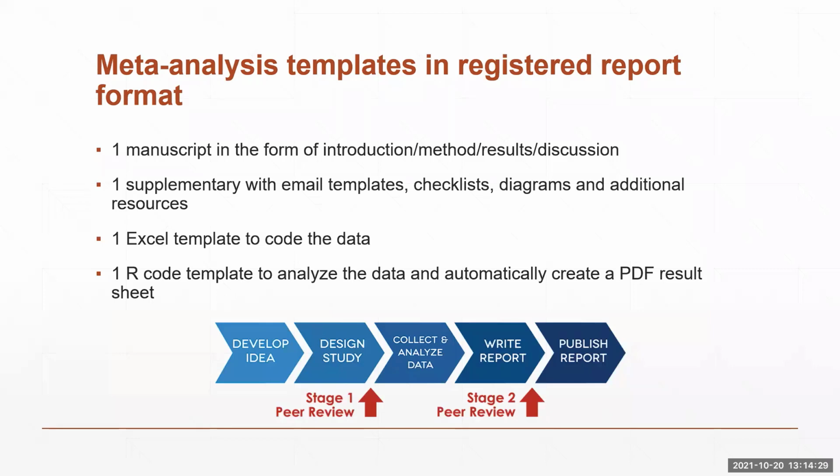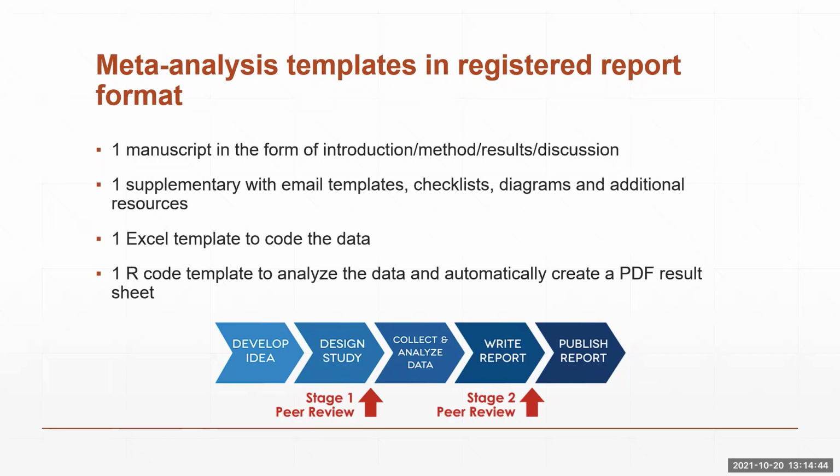You send it to the editor, to the journal, and they review it, and they say, okay, with your method, you will be able to answer your question. Then you can collect the data and analyze the data. You write your report, the result and discussion sections.